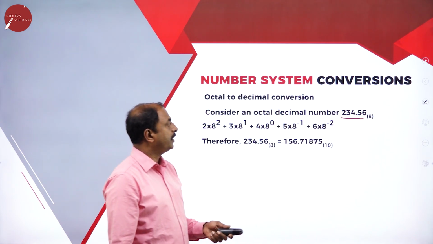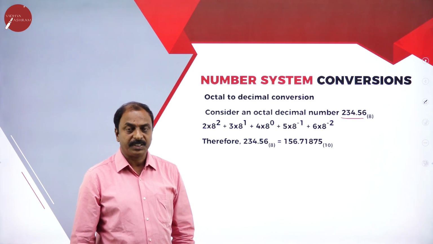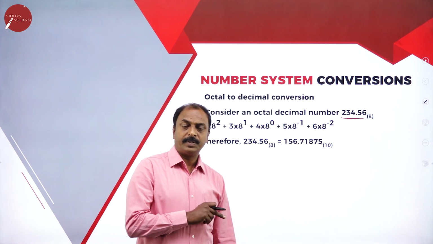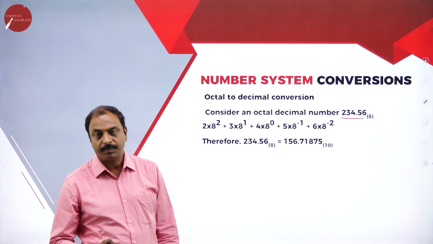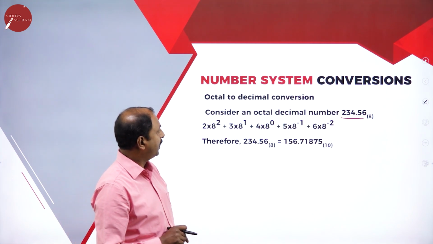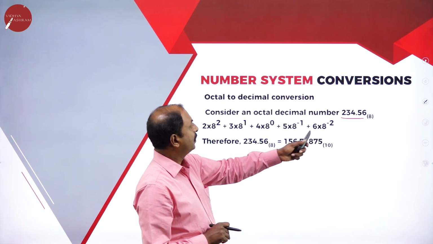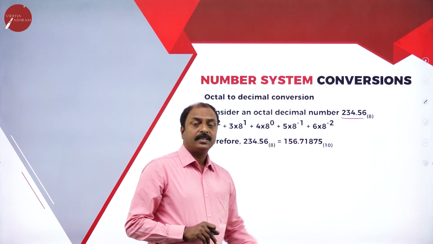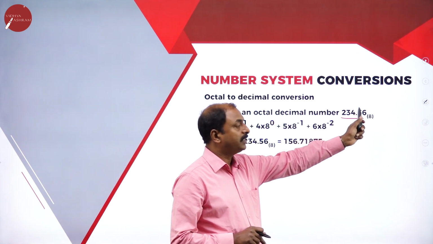Again the procedure is multiplication, as we did from binary to decimal, where we multiplied by base 2. Here we are converting from the octal number system, so we multiply by the base of the number system, that is 8.